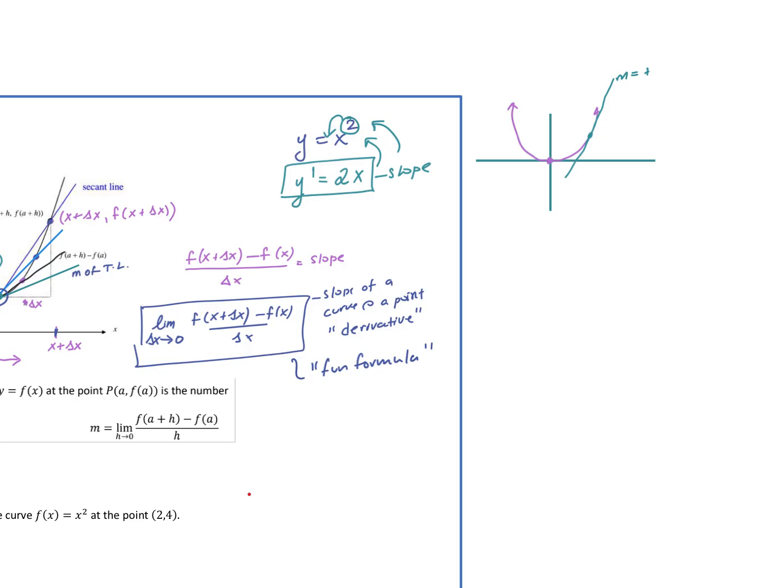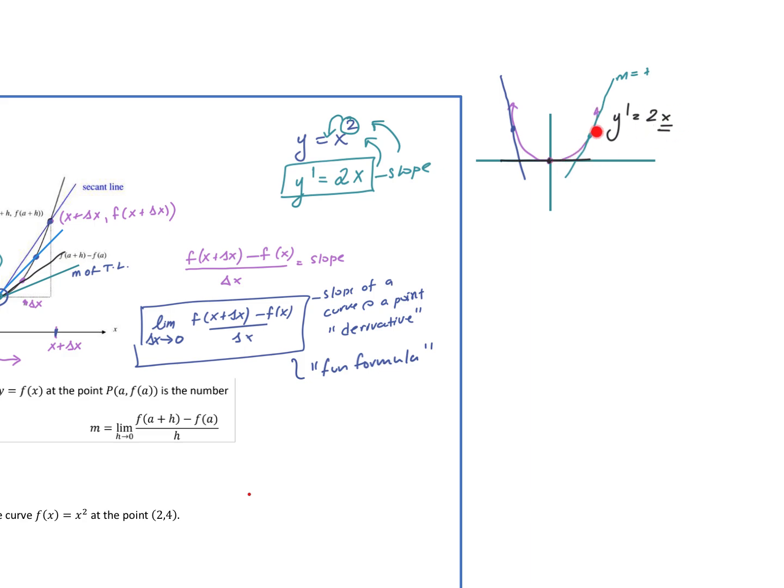But if I came over here and drew a tangent line, now it's negative. And if I came over here and drew a tangent line, now it's 0. That's why the slope is represented with an x in it. It changes, because that's the whole point of calculus. It's constantly changing. So if I plug in a positive x value, so if I'm over here on my graph where x is positive, this will come out positive.